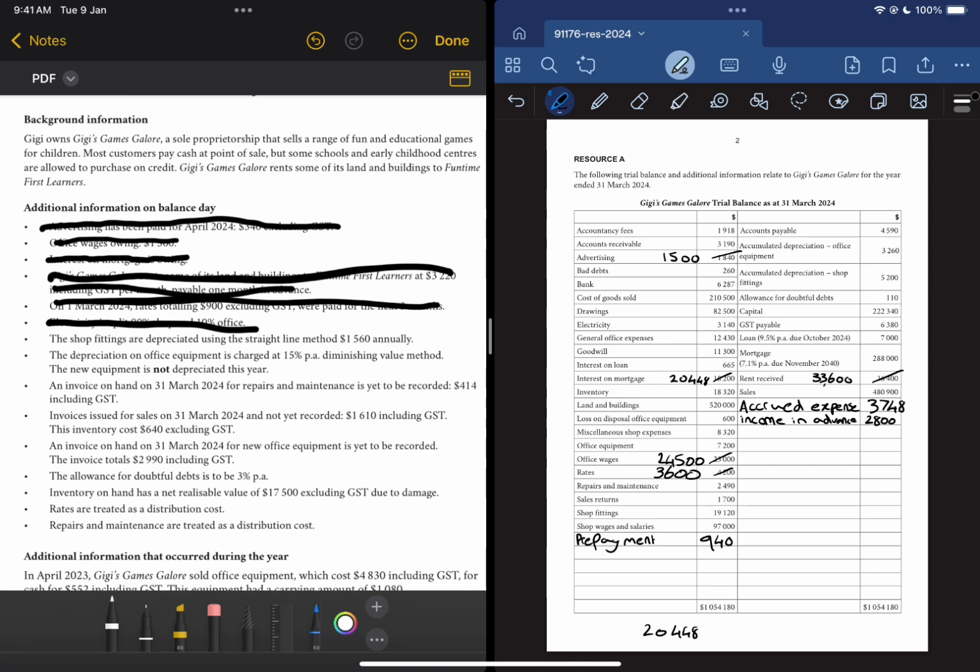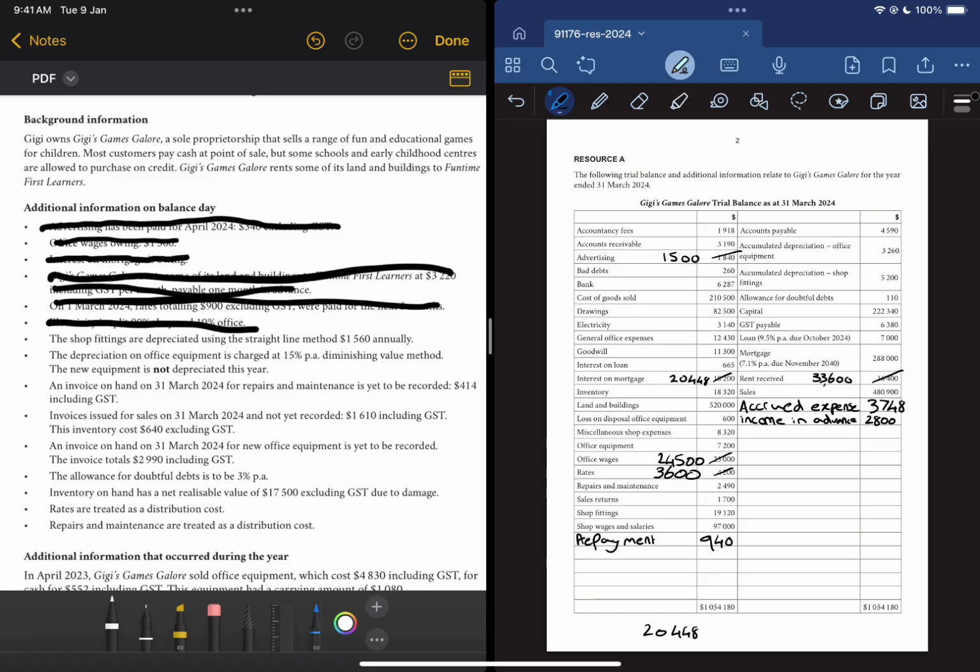So next up, guys, we're on to some depreciation questions, okay? So they say the shop fittings are depreciated using the straight line method, $1,560 annually. So this one is quite a straightforward one. All we need to do is debit depreciation and credit accumulated depreciation, okay?